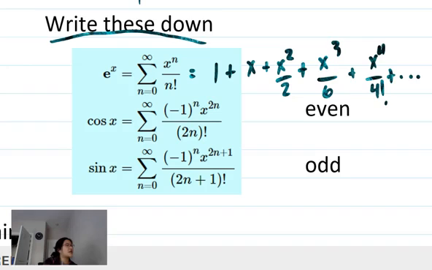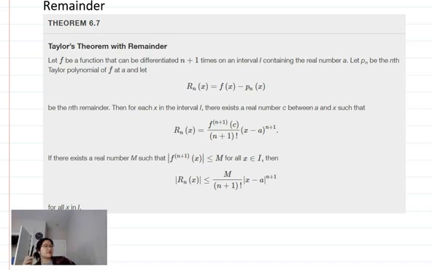Alright, let's talk about remainder. So the remainder is where, very similar to our alternating series test, we could give an interval that we knew our sum would add up to. With the remainder, we can bound how accurate our polynomial is going to be with the next term.